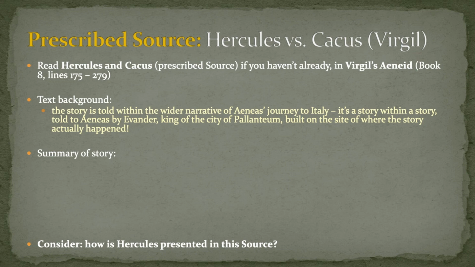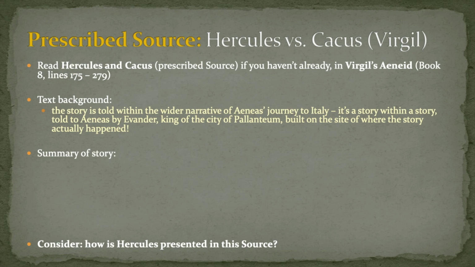But then this small section is a story within a story. It's told to Aeneas by Evander, king of the city of Pallanteum, to whom he has gone for help. And this place is technically where Rome is going to be. Rome's obviously an awful lot bigger than the tiny village-like cities that were there before. So we imagine it's not actually that far from where Aeneas has landed.